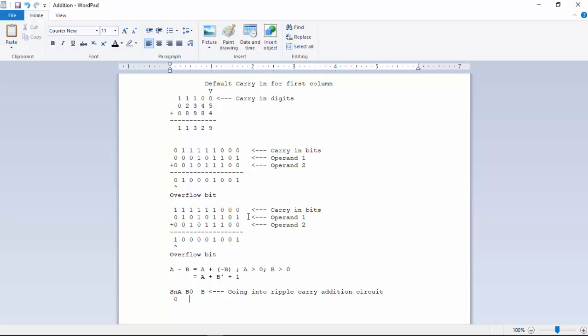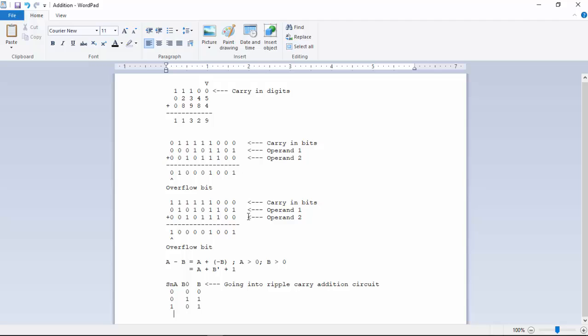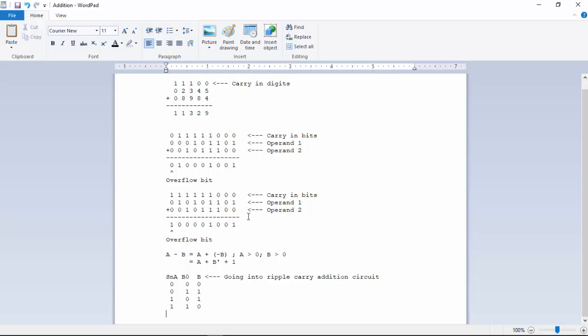If it is addition, if B is 0, this should be 0, and if B is 1, this should be 1. For subtraction, if B0 is 0, I need to give the inverse of B0, so it will be 1, and if B0 is 1, it is 0.